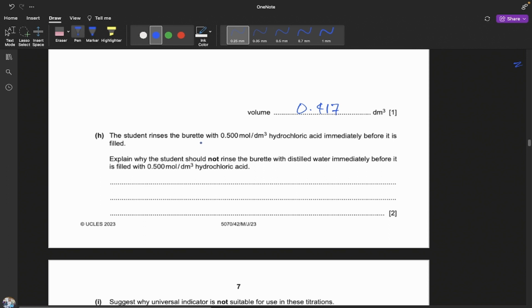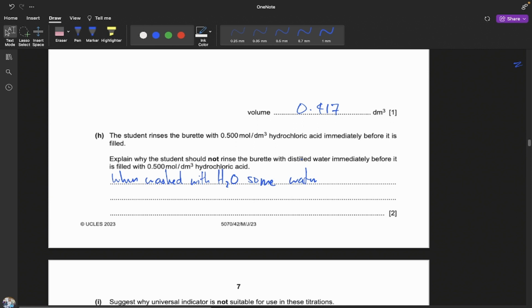Okay, that is a good question. That is one of the most practical based questions. So the reason is, when washed with water, some water particles may remain in the burette.